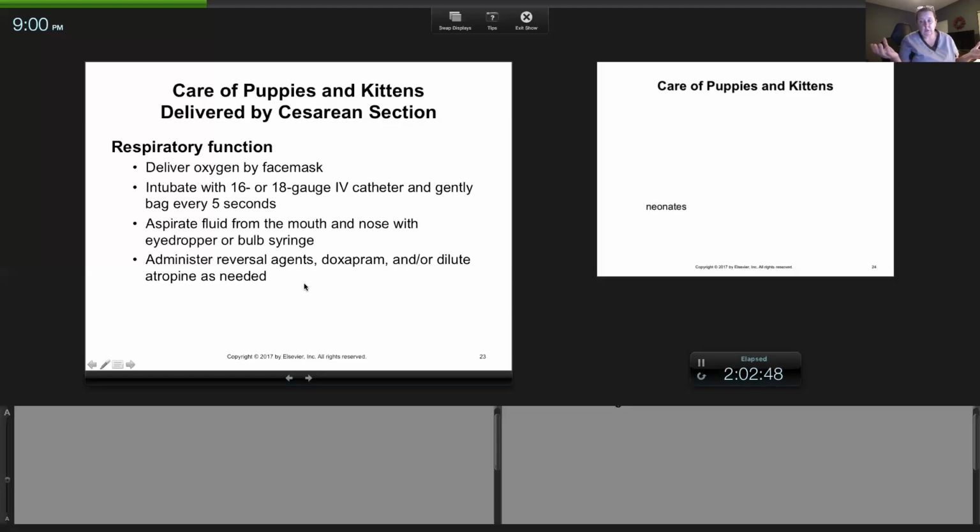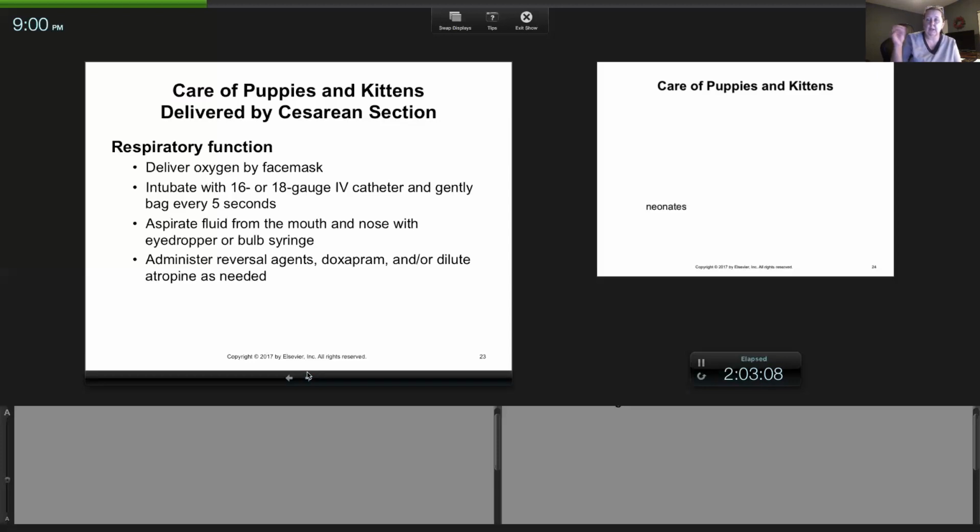We don't usually use Dexdomitor in C-sections, I will tell you. That's a little potent and a little heavy for what we want to do. And then doxapram is a respiratory stimulant. I told you guys, I've not used it a lot because its use is controversial, and my anesthesiologist didn't like it.